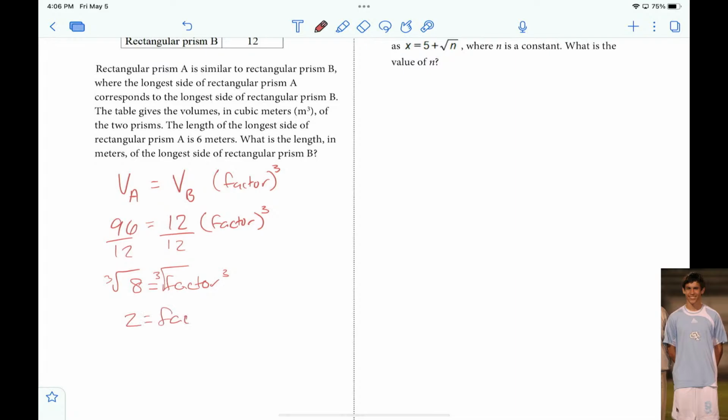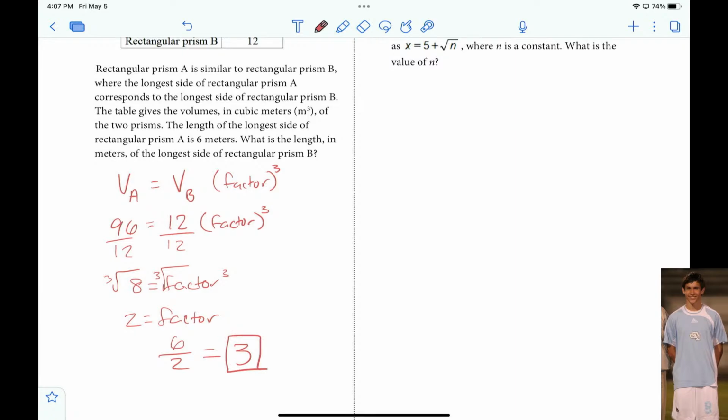So that means that we are taking prism B and multiplying each of its sides by 2 to get the sides of prism A. Well, since prism A has the longest side of 6, to get back to prism B, we're going to divide it by 2. So the longest side of rectangular prism B is going to be 3.